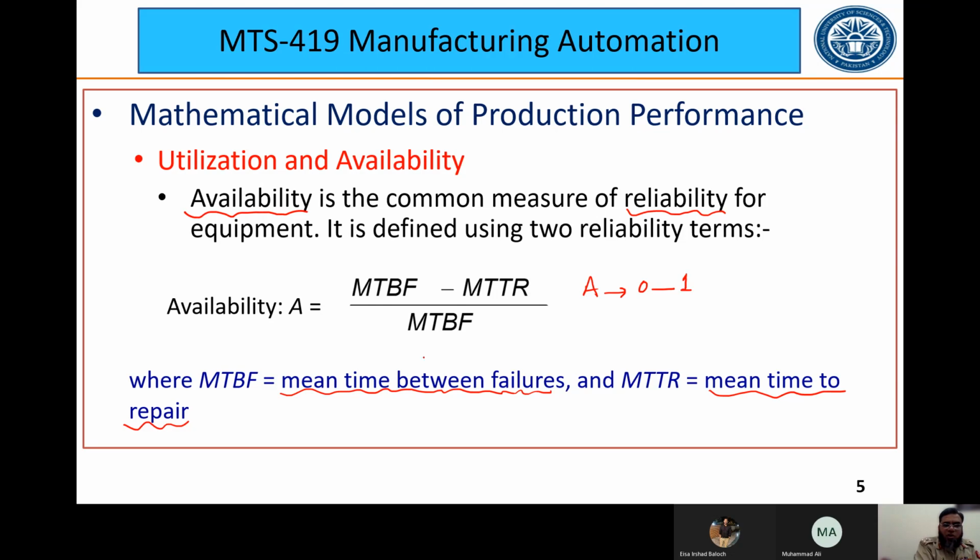So availability would also vary between 0 and 1, and availability is defined by two terms, which are MTBF and MTTR. MTBF is the mean time between failure, and MTTR is the mean time to repair.